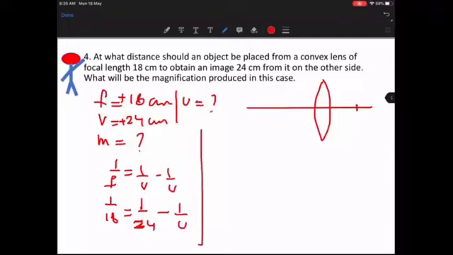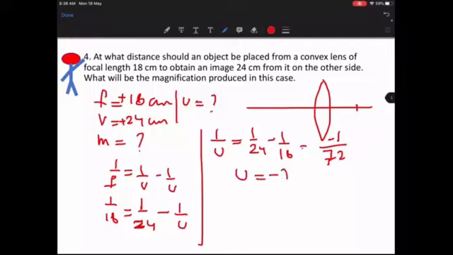So you will be getting 1 upon U is equal to 1 upon 24 minus 1 upon 18. If you solve it, you will get 72, and here you will get 3 minus 4, which will be minus 1. Minus 1 upon 72. So that means your U will be equal to minus 72 centimeters.